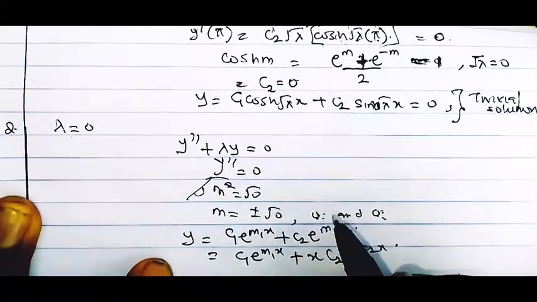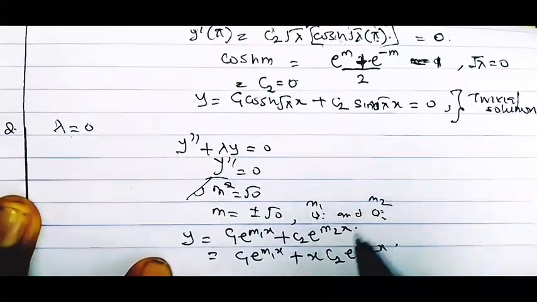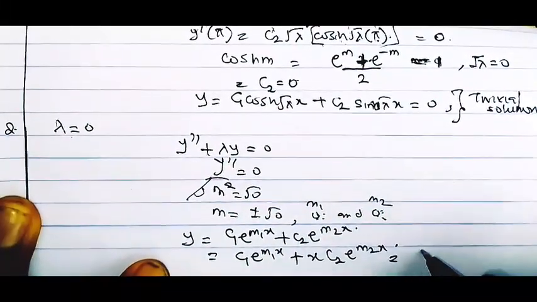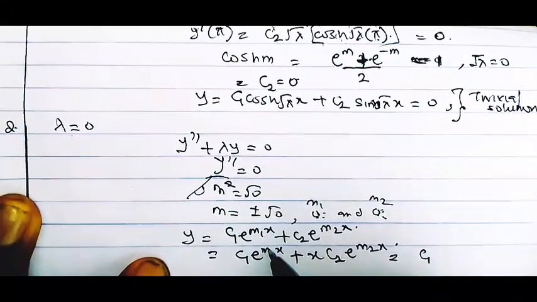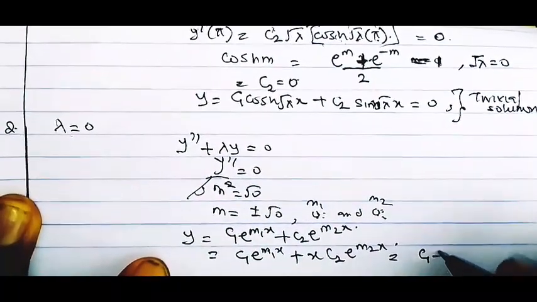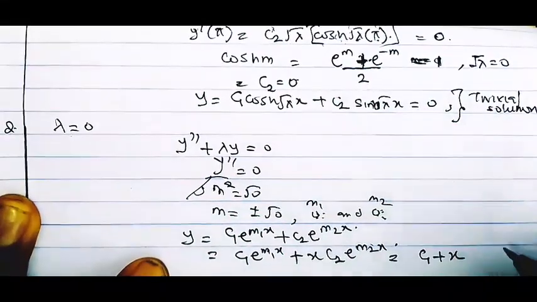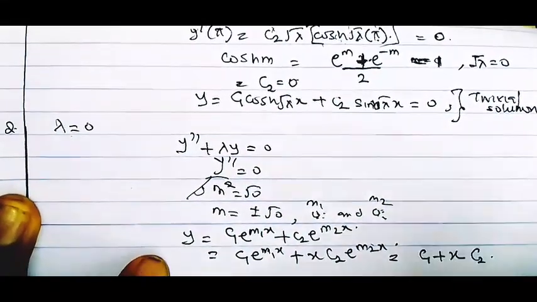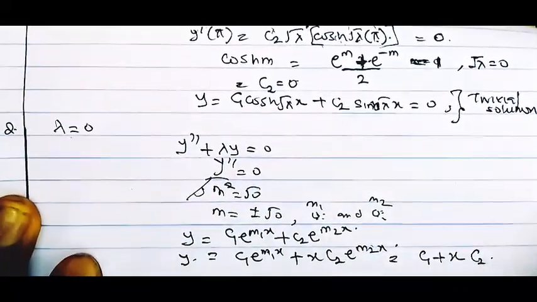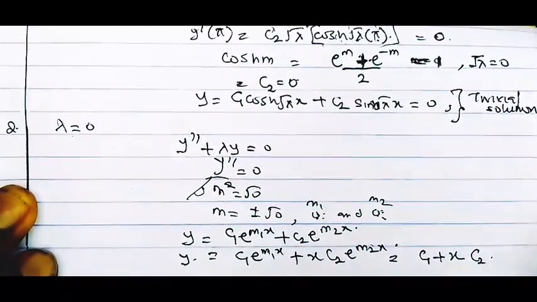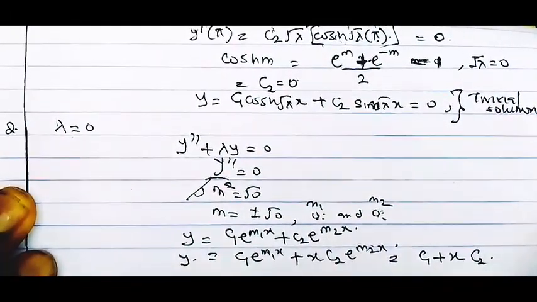So we substitute our m1 and m2. So m1 substituted here, this is c1 exponential 0 is 1. So this is c1 plus x. Substitute here also, exponential 0 is also 1. So we have c2. So my equation, I can fully write it out.